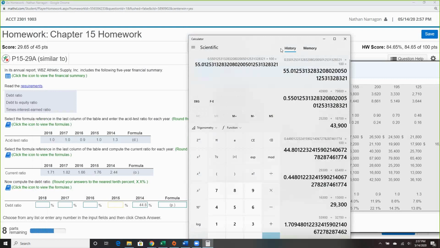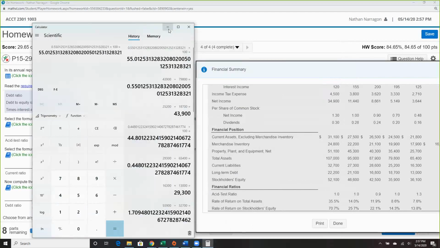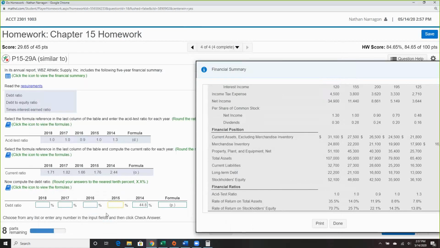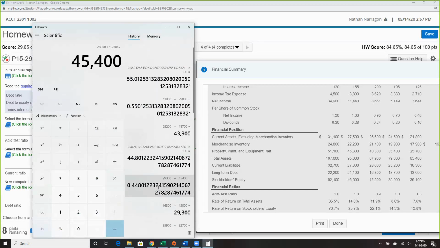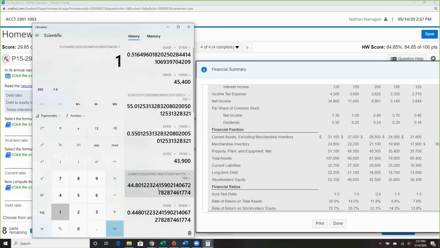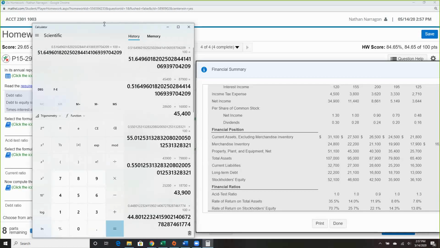Percent. Don't want to do that. 16, 2,600 plus 16,800 divided by total assets of 87,900. 51.6.